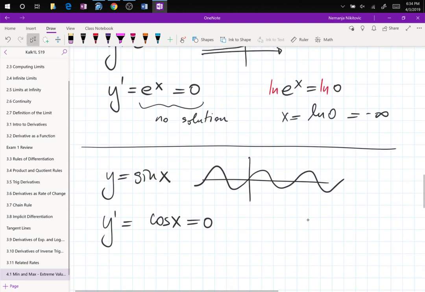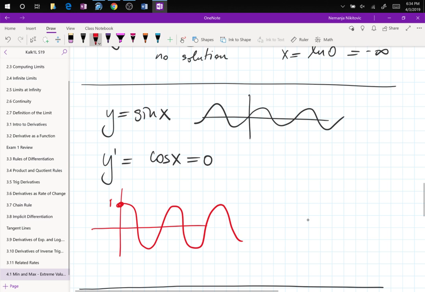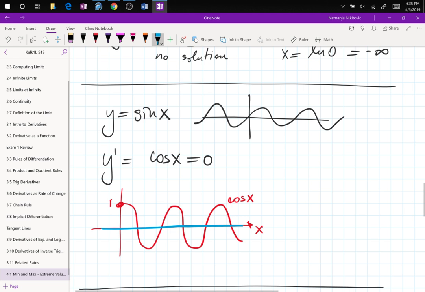Now that brings us to any trig equation. What do I have? I have a cosine graph which starts at 1, goes down, goes up, goes down, goes up, goes down, goes up, forever. So I have my cosine x graph, and in blue I have my 0 graph. Where do they intersect?